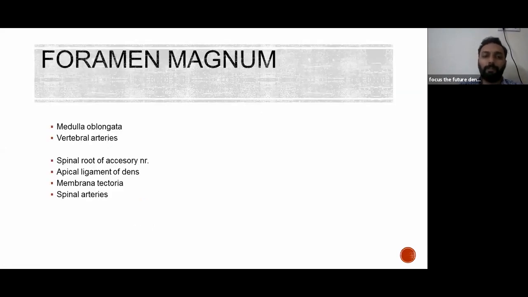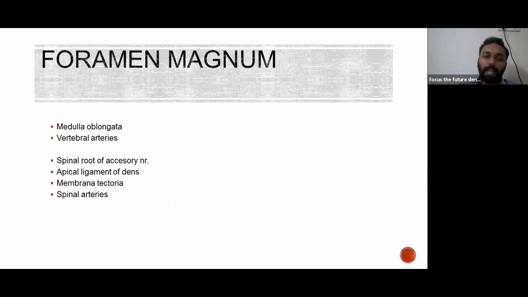And then you have something called the foramen magnum, the big foramen. You have the medulla coming out through it. Then there are some arteries which enter the cranium through foramen magnum, known as vertebral arteries. Spinal root of accessory nerve is there. I told you accessory nerve has two exits, one through the foramen magnum and one through the jugular foramen.